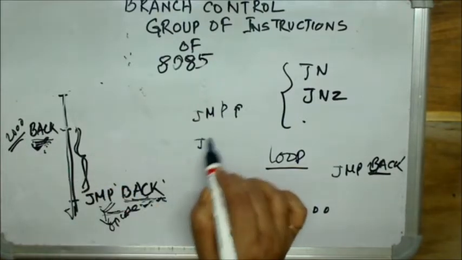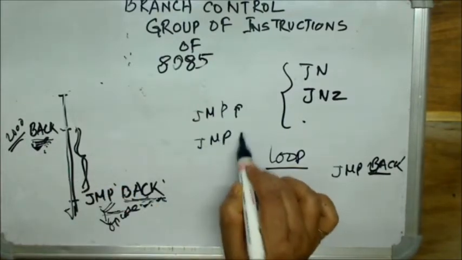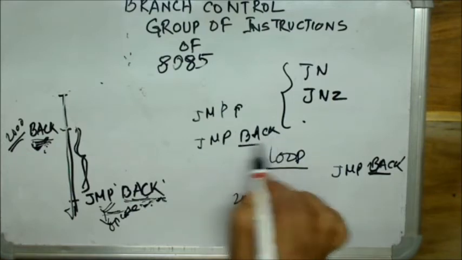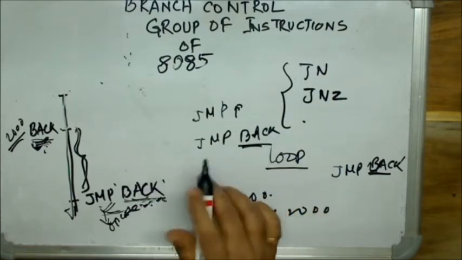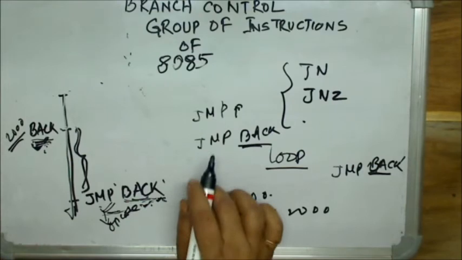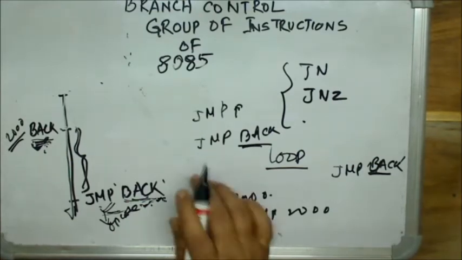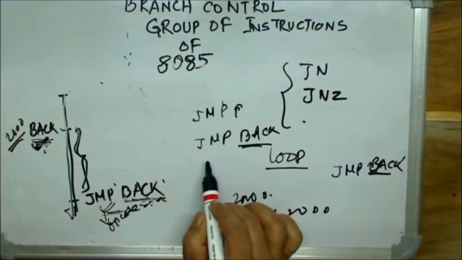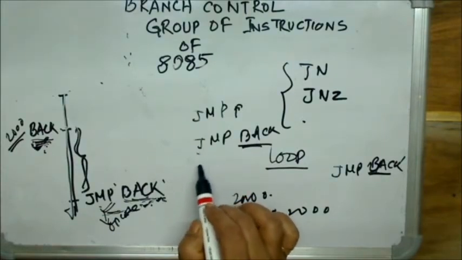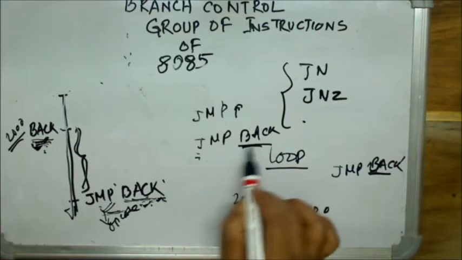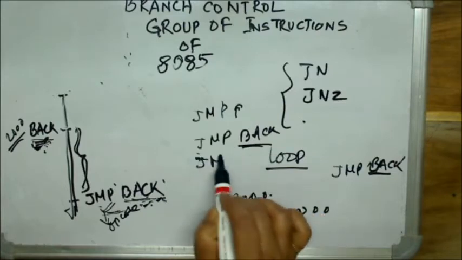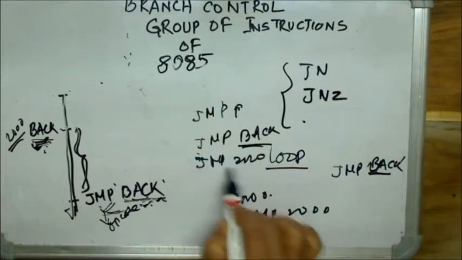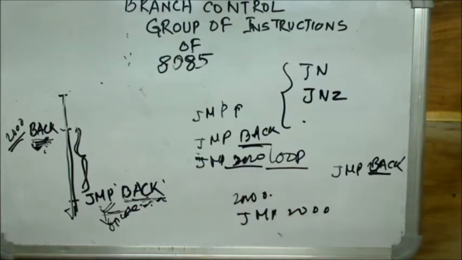So when you are writing the program on paper, you give a name to the memory location, but when you are entering the program in a kit, you will be entering not back, you will be entering the address, that is 2008. Are you clear?